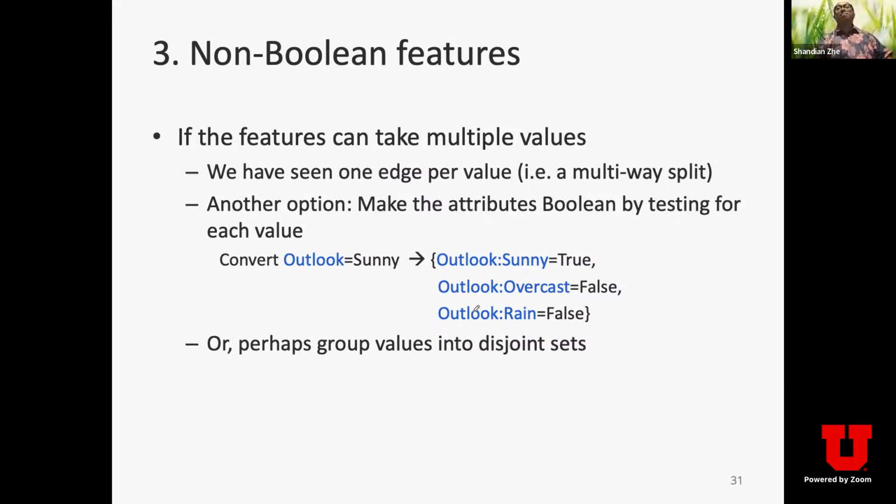So if you got 3 possible values in your outlook feature, you can convert it into 3 binary attributes. And if you got 1,000 possible values in your feature, like the brand feature, you can convert it into 1,000 binary features. In this case, you expand the number of features, but because you only choose 1 binary feature each time, it can only grow 2 branches at a time. So it can largely reduce the tree size.